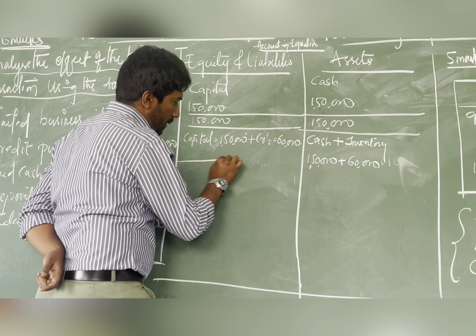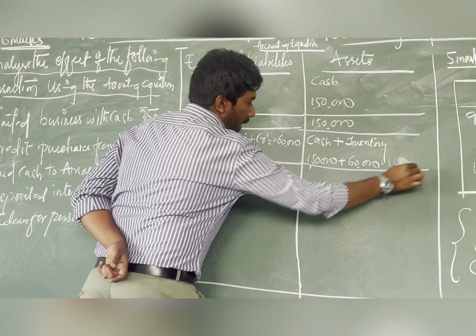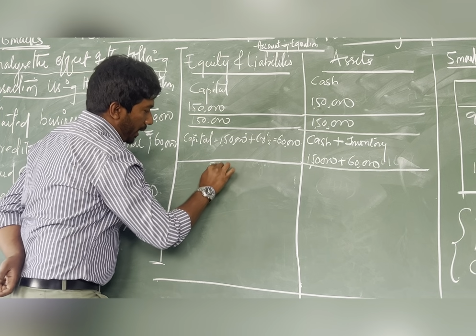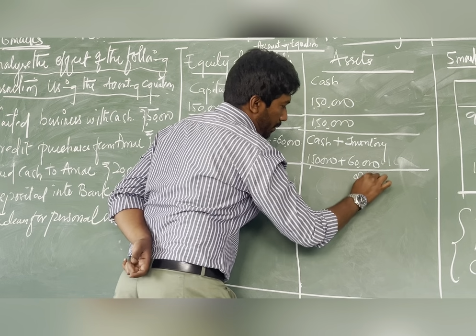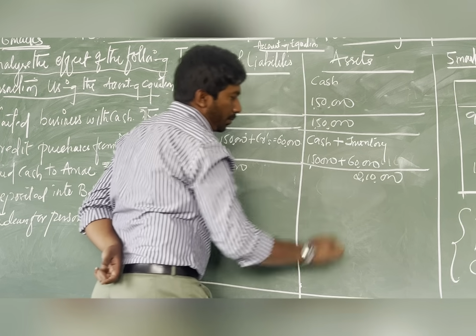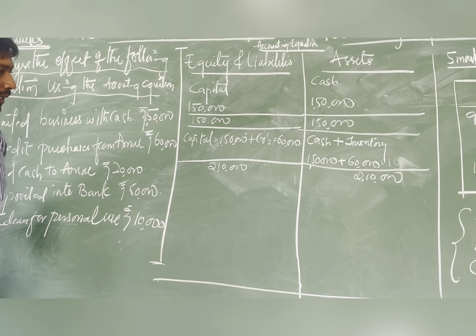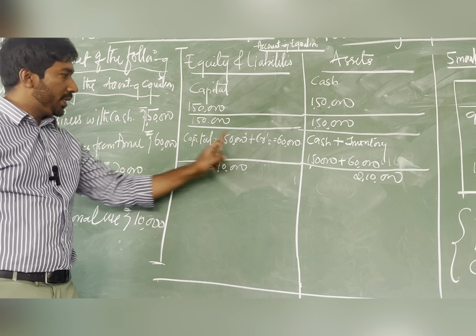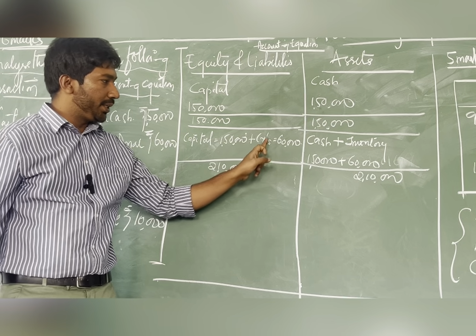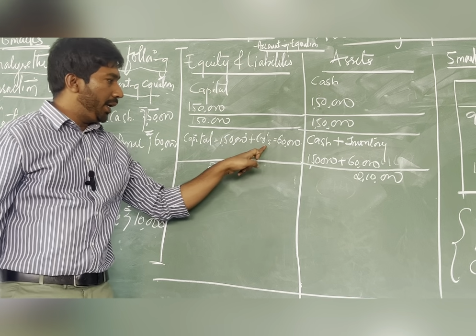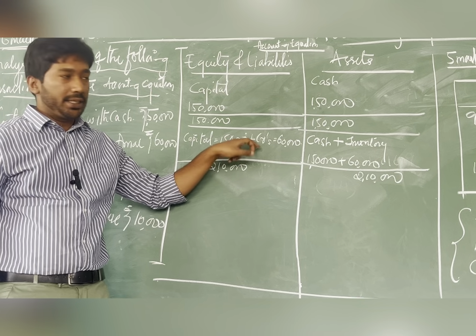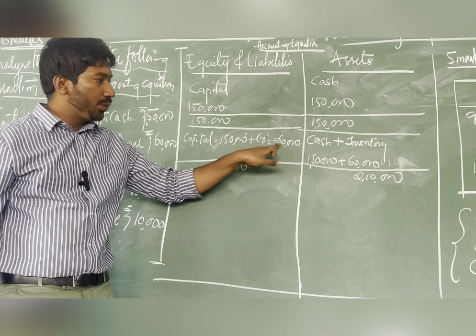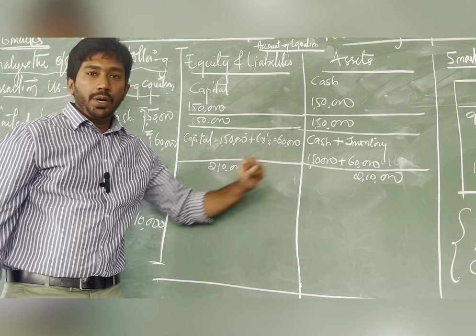When you total this, you get 2,10,000 on both sides. Correct, guys? Both sides tally. See here, one transaction, and there is a reflection on two sides. Inventory is coming in and creditors are also coming into the picture because it's a credit transaction.